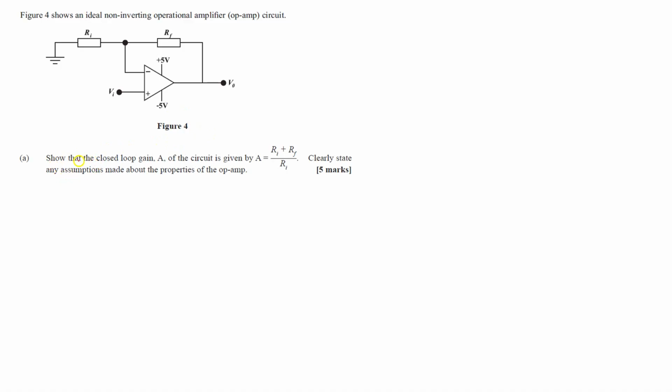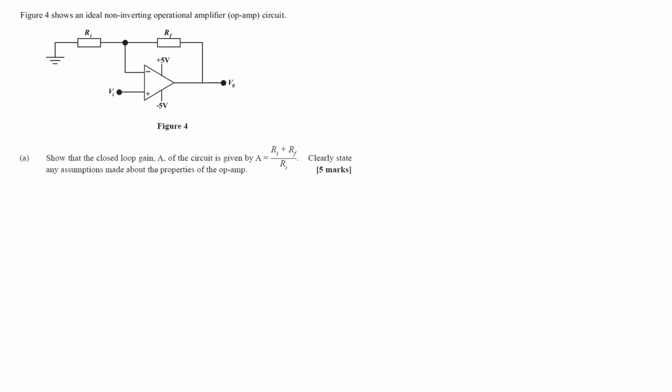But you can go ahead and try this: show that the closed loop gain of this particular non-inverting operational amplifier is given as such. And it says clearly state any assumption made about the properties of the operational amplifier.